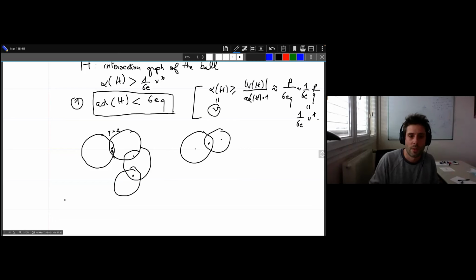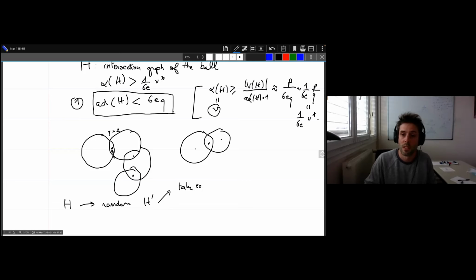We have our intersection graph H of the balls, and we are going to define a random subgraph H prime in the following way. We take each ball with probability 1 over q.